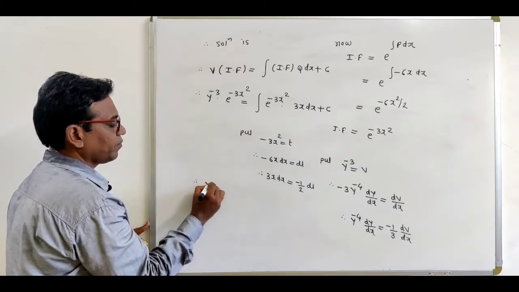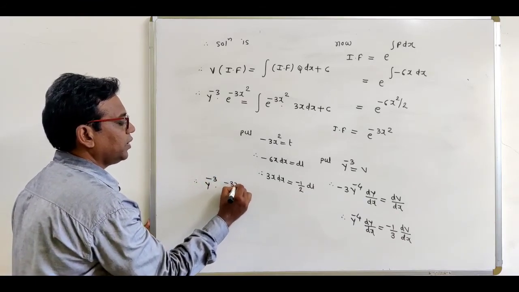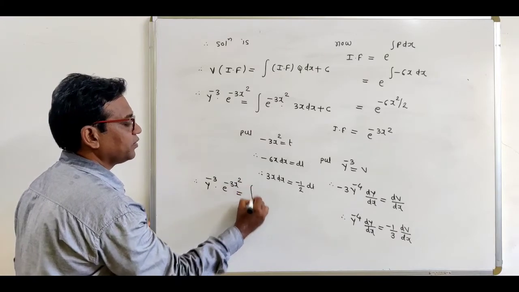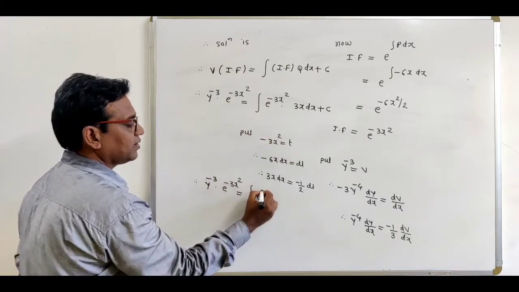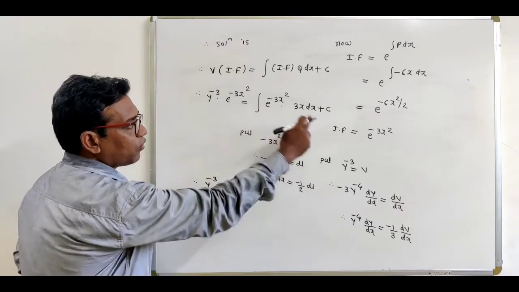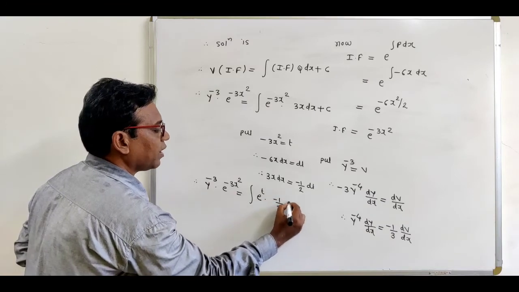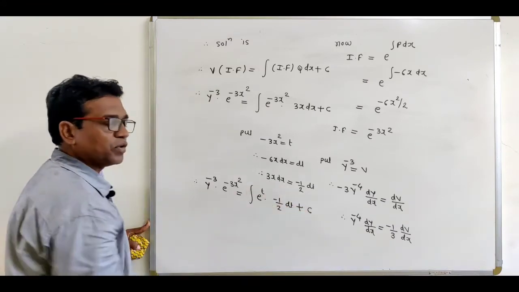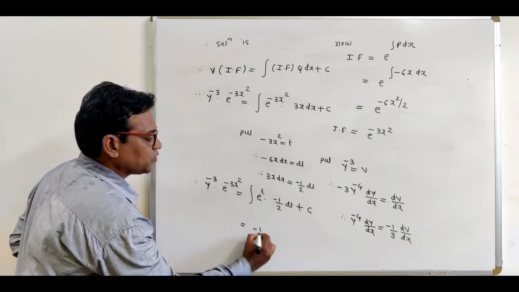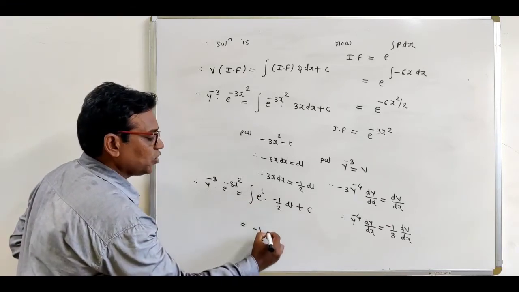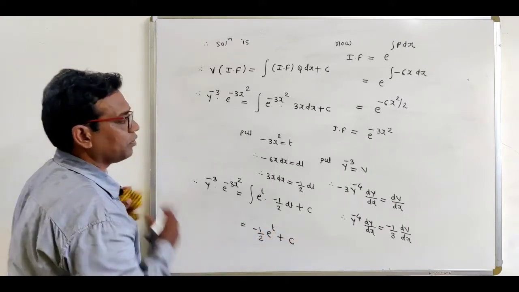So just put the values. y raised to -3 into e raised to -3x square equals the integral of e raised to -3x square. This is the value of t. And what is the value of 3x dx? This is -1/2 dt plus constant of integration. So you just solve this integral. This is -1/2, the integration of the exponential term is the same, e raised to t plus constant of integration.